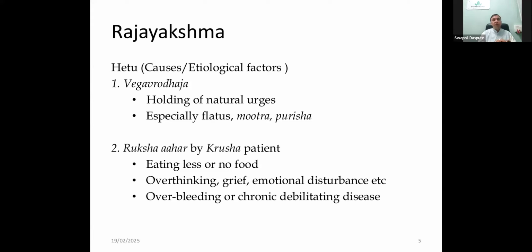Okay, and when you say that you may experience loose motion, 1 or 2, please use the word may. It is not compulsory that everybody will react in a particular way as you are expecting. So you may experience, it's not that you will experience.